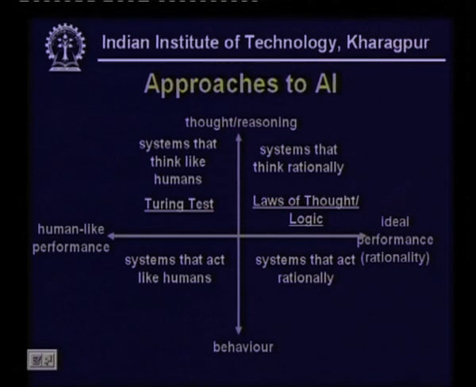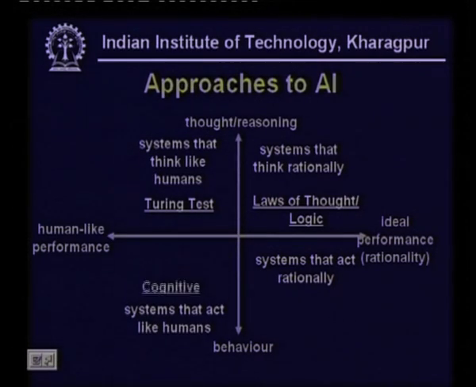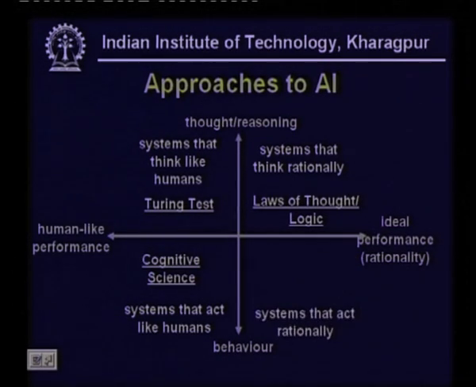Thirdly, there are systems that act like humans. Cognitive scientists look at the properties of systems that act like humans. And finally, we have the definition systems that act rationally, or systems that act in the best possible manner. For this, we have the approach of constructing a rational agent, an agent which acts rationally.